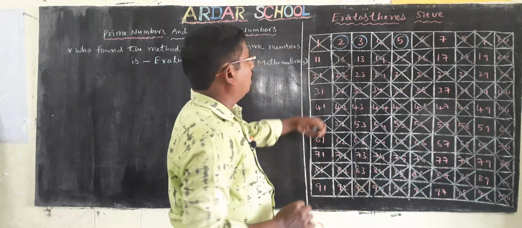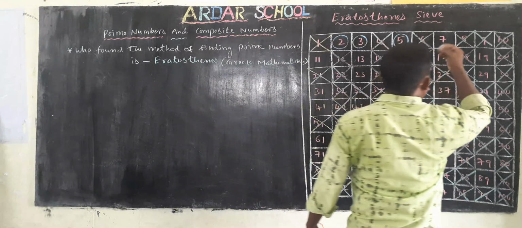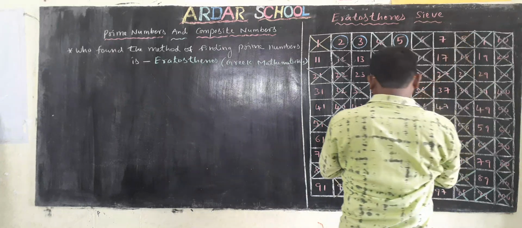Okay, next go to 7. 7 is a prime number.